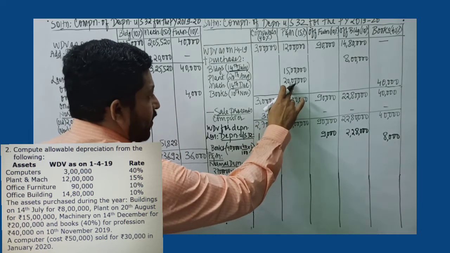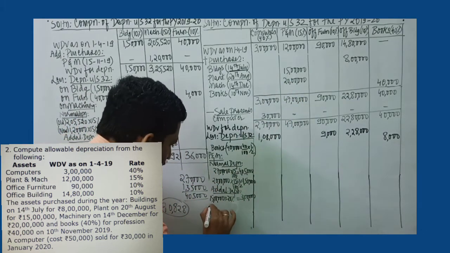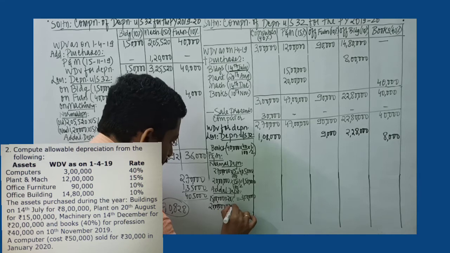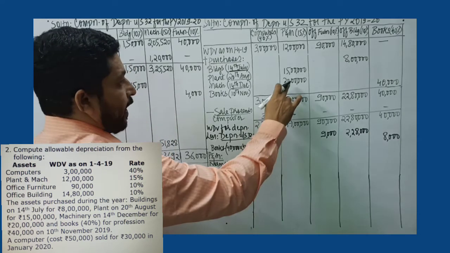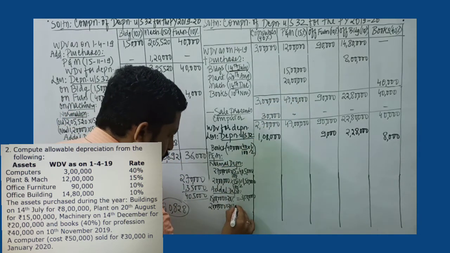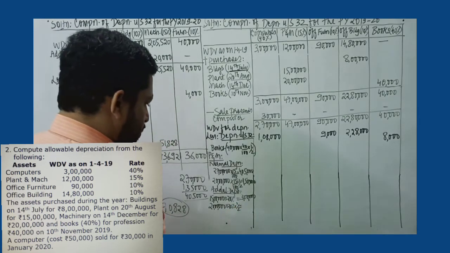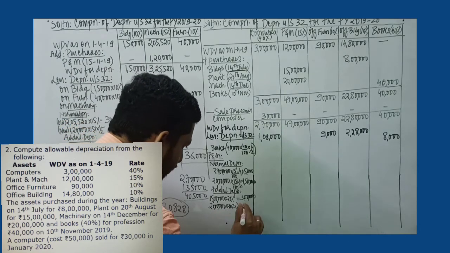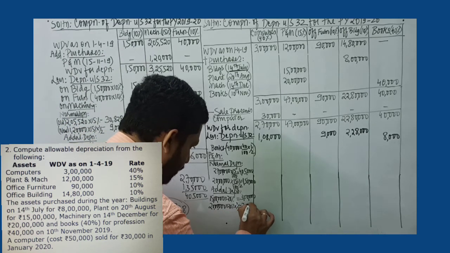And then we have this on 20 lakh. The additional depreciation rate as usual is 20%. But this 20 lakh worth asset is purchased and put to use for less than 180 days. So half year's depreciation will be charged. 20 lakh into 20% would be around 4 lakh. Half of that is 2 lakh rupees.